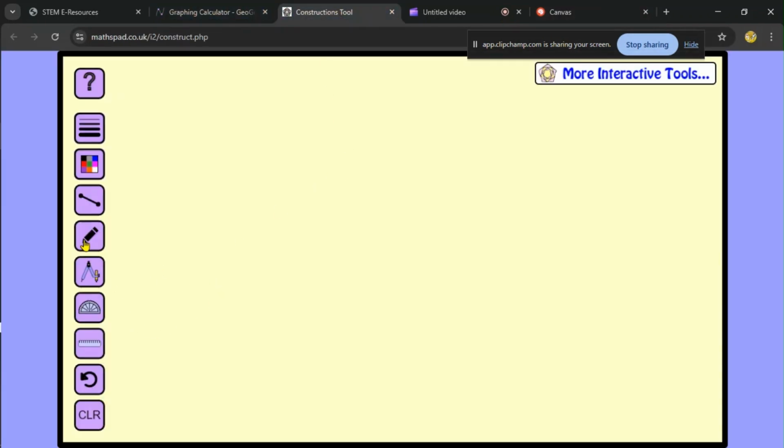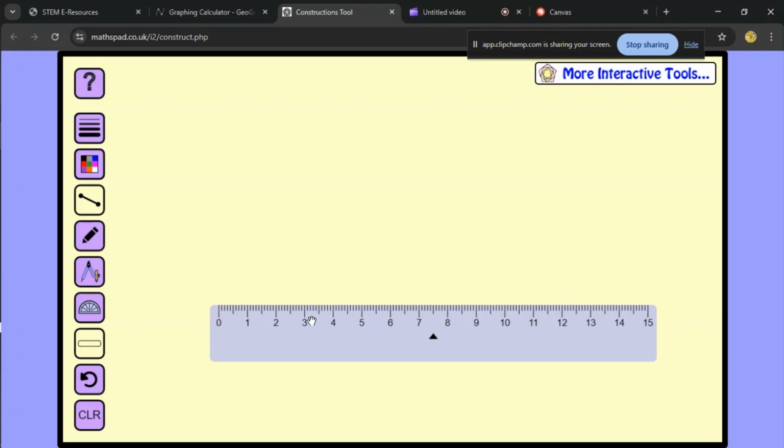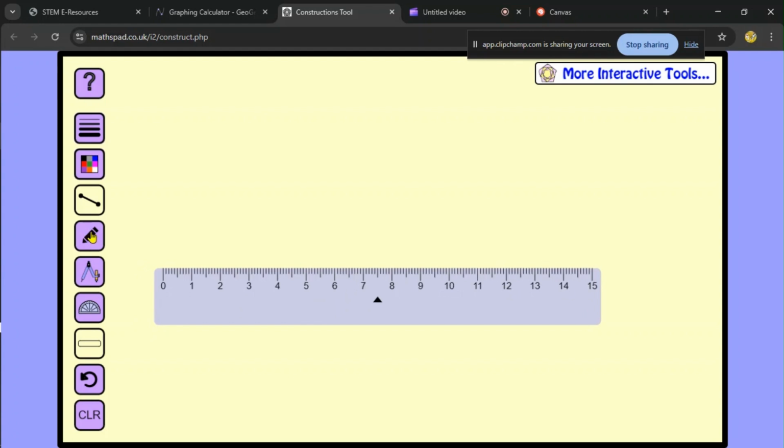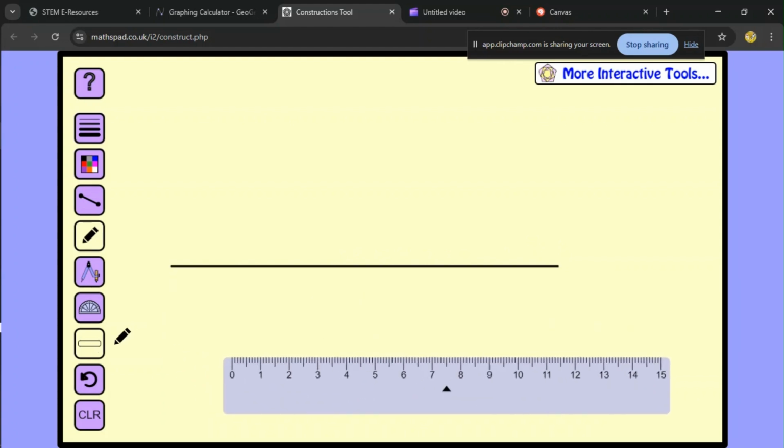So we will go back to this. Of course, I'll put a straight line. Using a ruler, let us construct a straight line. If I construct a straight line like that, then I remove that ruler, and I come and put a mark using my compass.